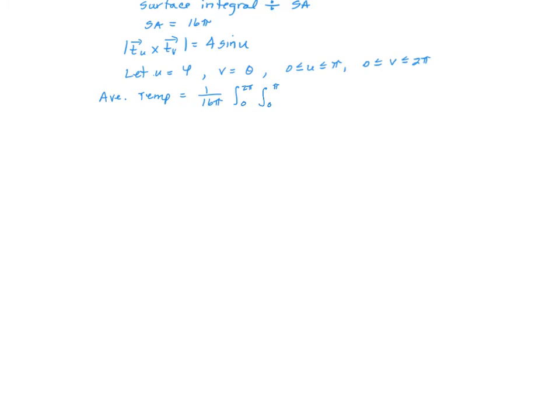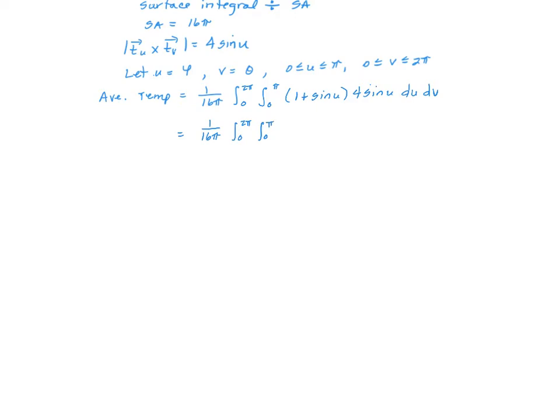My function is 1 plus sine of phi, but phi was u, so 1 plus sine of u times my Jacobian, which is going to be 4 sine u du dv. And I'm going to get rid of the parentheses. So now it's just straight computation.